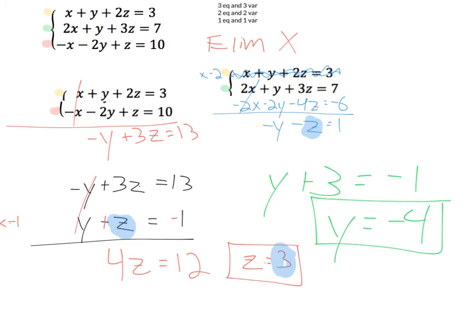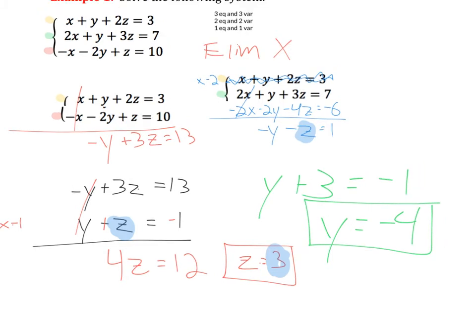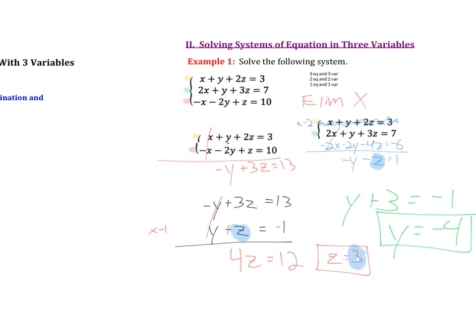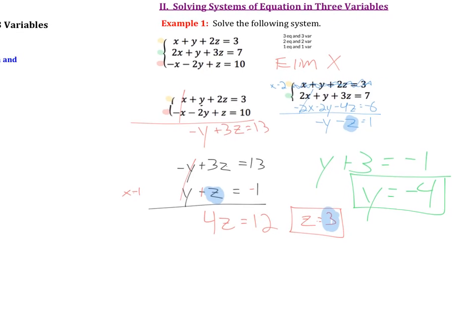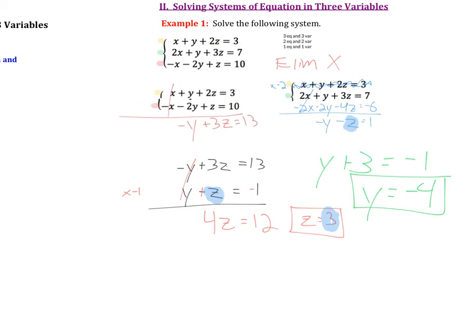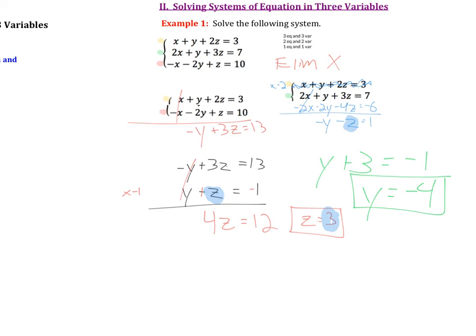All right, so I've got 2 out of the 3 variables figured out. And now I just need to pick any random equation from the originals to plug these into. I'm thinking that first one looks pretty user-friendly. So let's see if I can get that first guy. Get some plagiarism going.